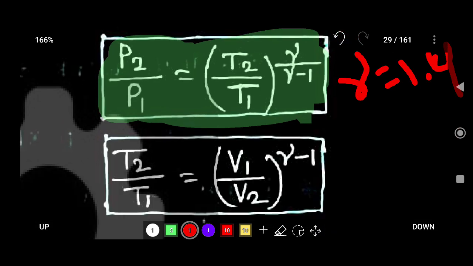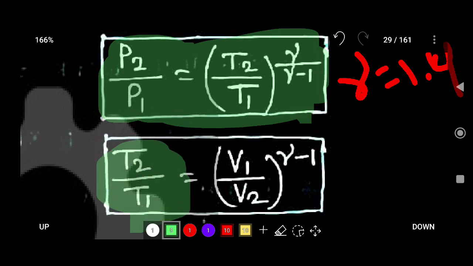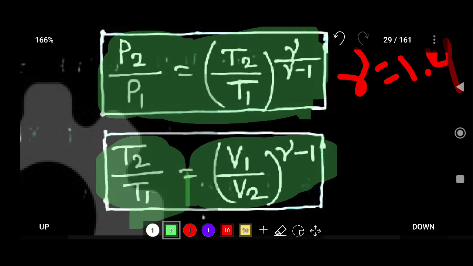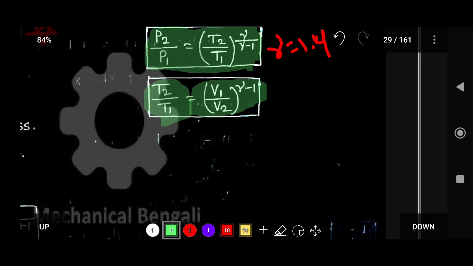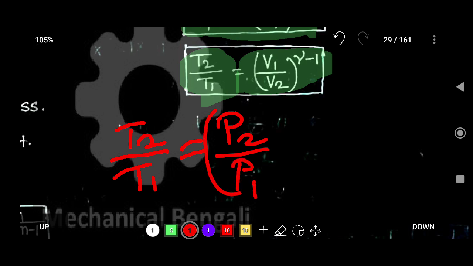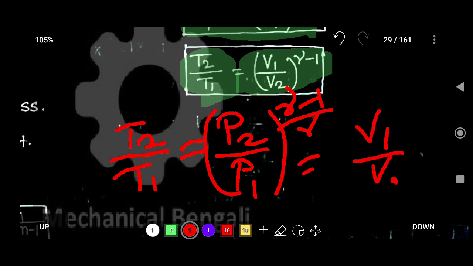Now from here you can see T2 by T1. This relation is also very, very important. T2 by T1 is basically V1 by V2 to the power gamma minus 1. This formula is written this way: T2 by T1 equal to P2 by P1 to the power gamma minus 1 by gamma, equal to V1 by V2 to the power gamma minus 1.